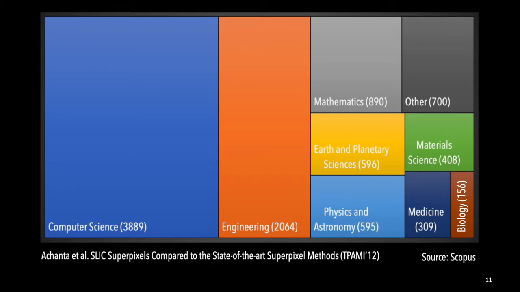Then we of course have remote sensing, we have medicine as we showed before, but there's also actually a surprising number of citations in mathematics. And under the category other, you actually find fields like economics and social sciences.